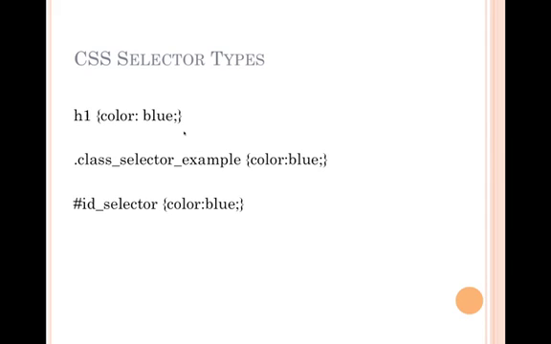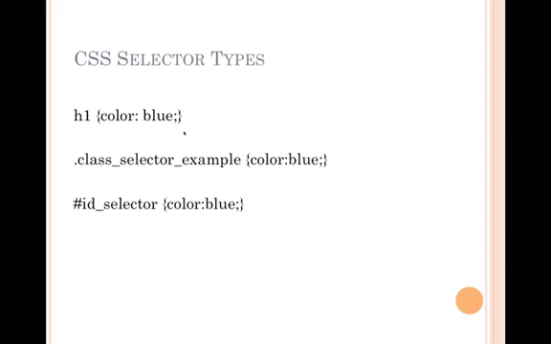There are 3 different types of selectors in cascading style sheets. The first is the HTML tag, and in this case it's the H1 tag. Any HTML tag can be used as a selector. The second type of selector is what's called a class selector, and a class selector is specified this way: you put a period, then you put a name.